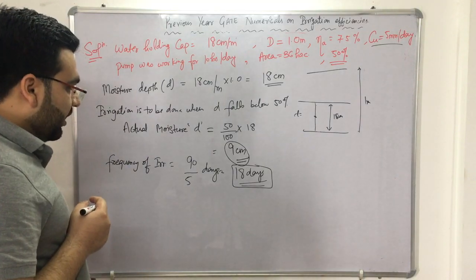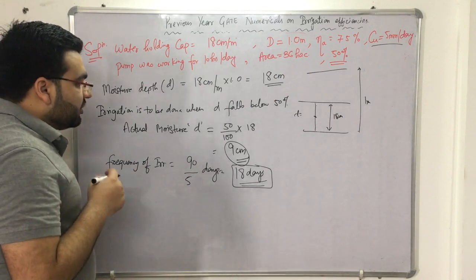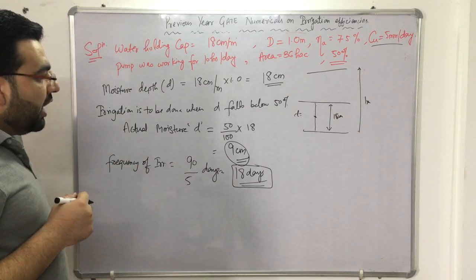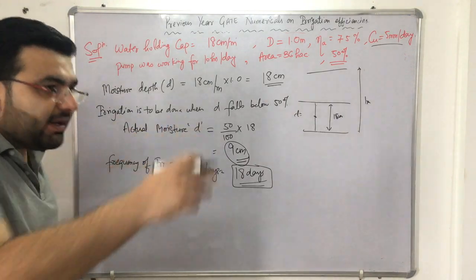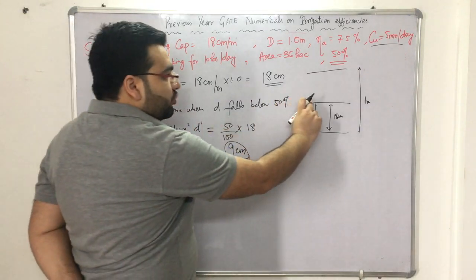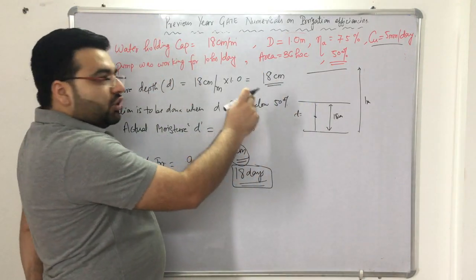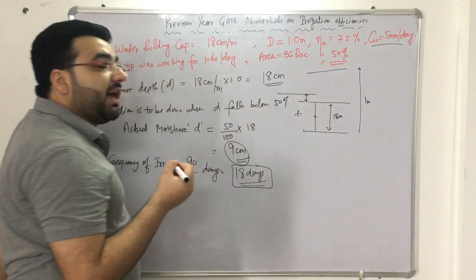Okay. Now one more important thing is that I have to calculate what is the water which has actually been applied to the field. This water was stored by the root, but there are some losses. So what is the actual water depth that has been applied to the field?